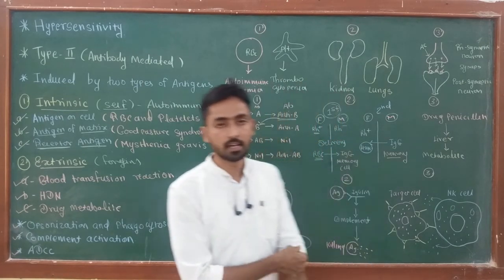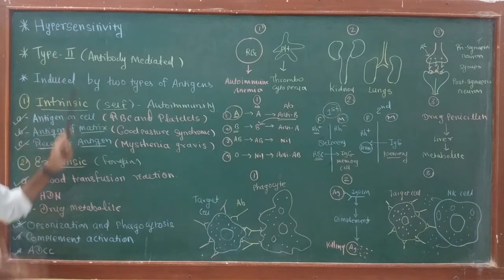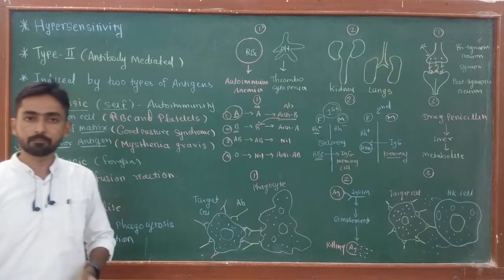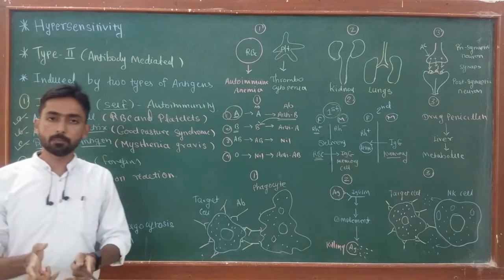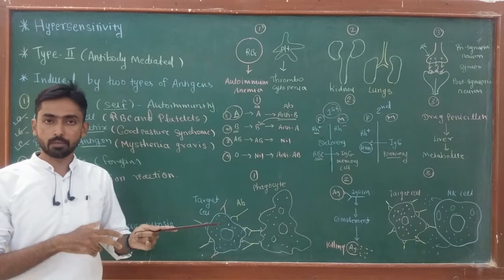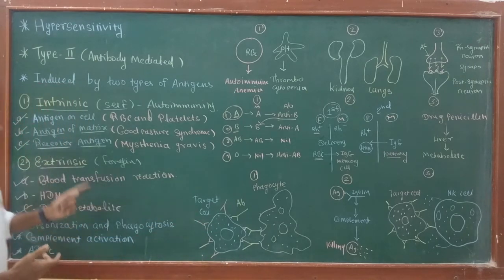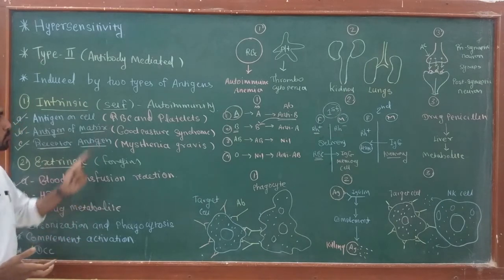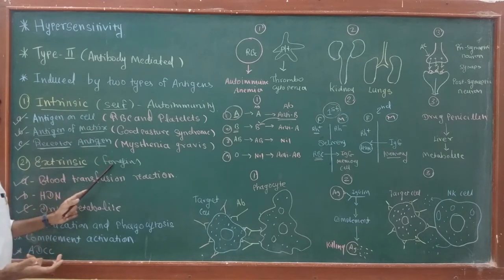So in this lecture, I discussed in detail type 2 hypersensitivity, which is mediated by antibody, mainly IgG and IgM. This type of hypersensitivity reaction is quite different from type 1, because type 1 is mainly induced by IgE antibody. Generally two different types of antigen are involved in type 2 hypersensitivity: self antigen and non-self or foreign antigen.